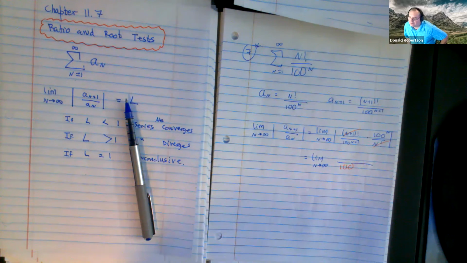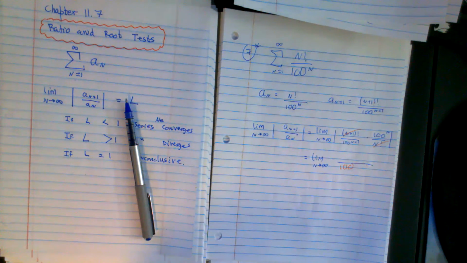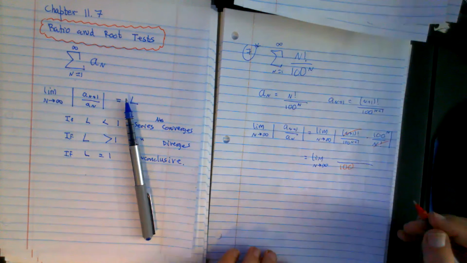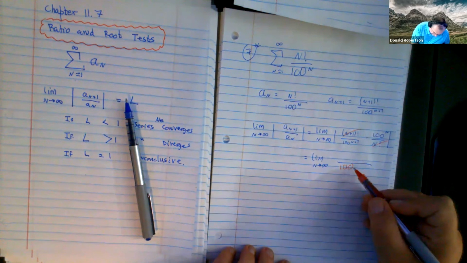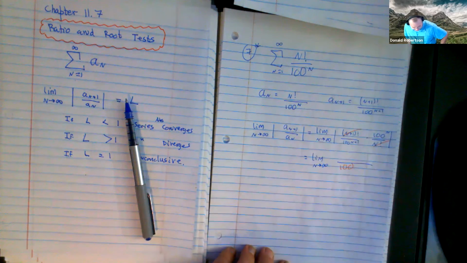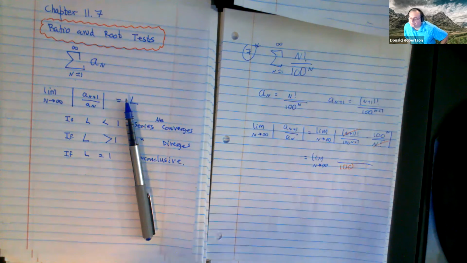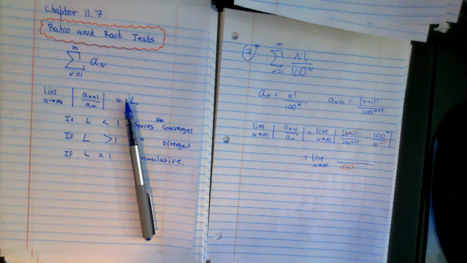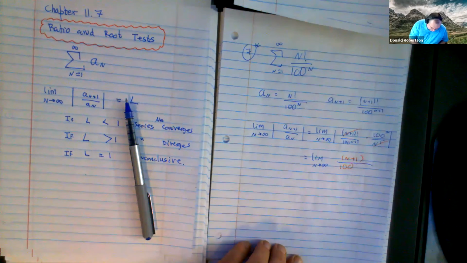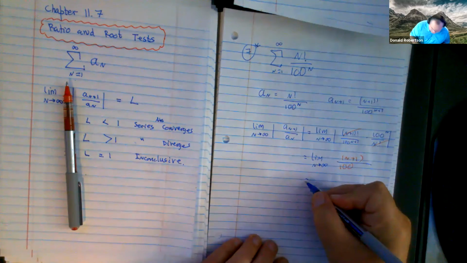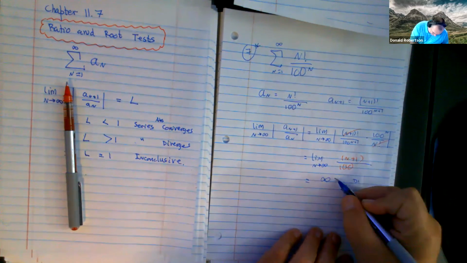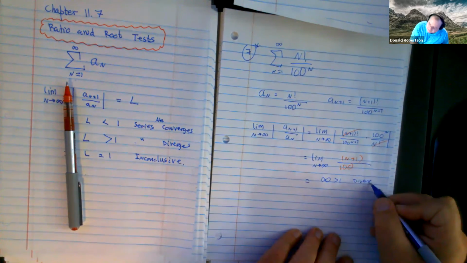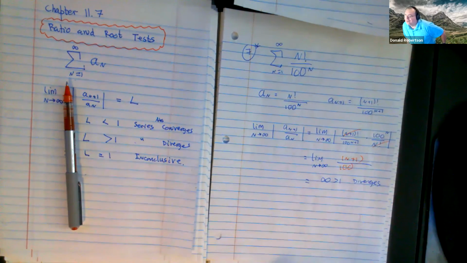That was actually the 100 to the power of n canceling. Yes, that is correct. So what happens when you cancel these two? You're left with n plus 1 on the top. Correct. And if you brute force that, would you agree it's infinite? Isn't infinity bigger than 1? So it diverges.